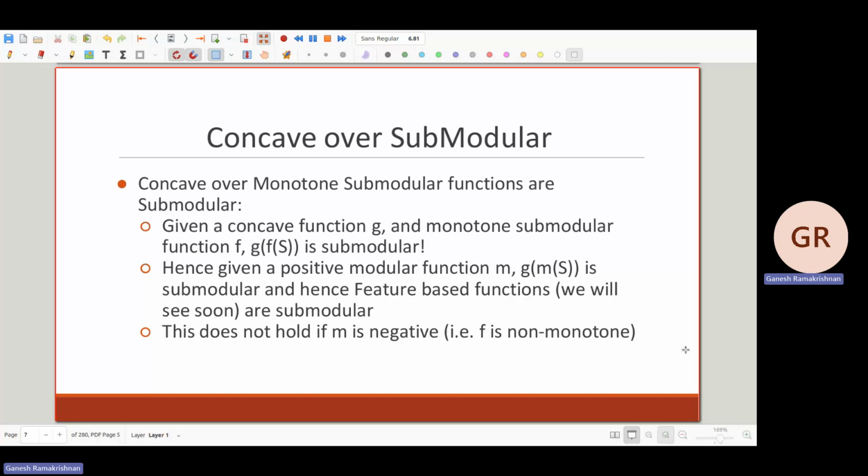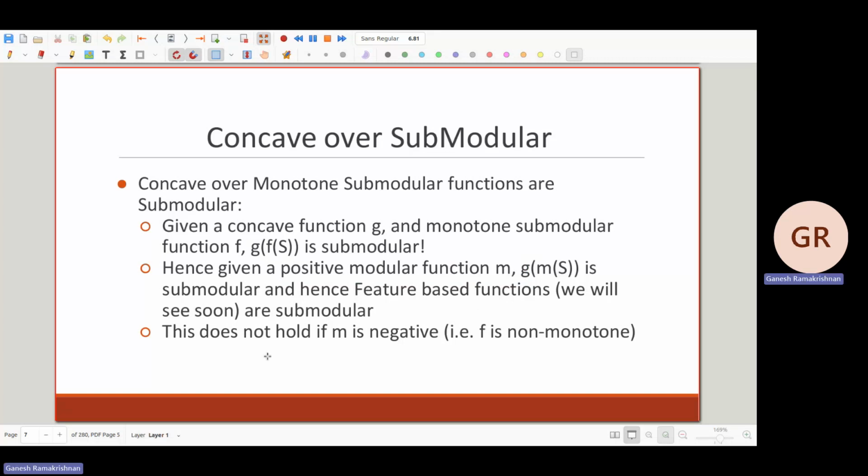Square root is an example. Given a concave function g and a monotone submodular function f, g of f of S is submodular. It's easy to understand through a modular function. If you have a positive modular function m, it will be monotone. Then g of m of S is submodular.